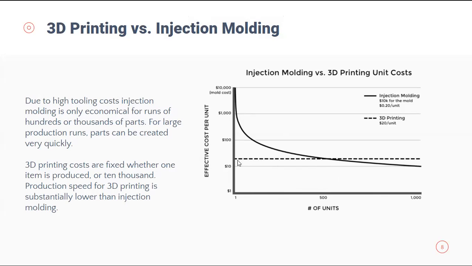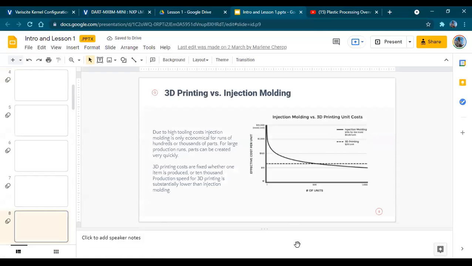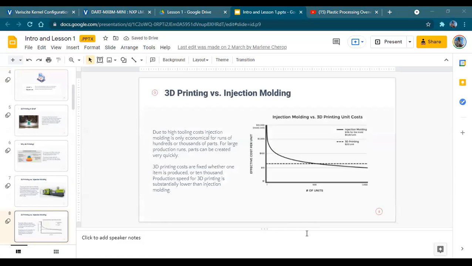The cost for a 3D printer is possible. But when you go to 1,000 or 1 million, it becomes so expensive because the 3D printer is expensive.